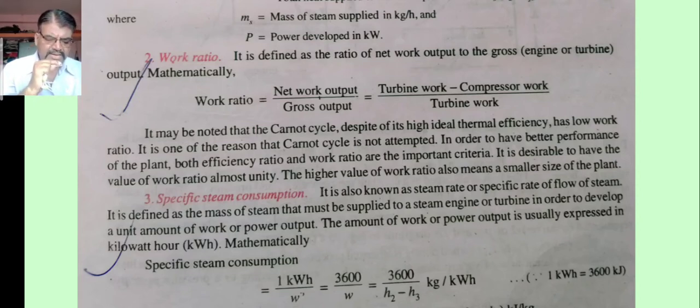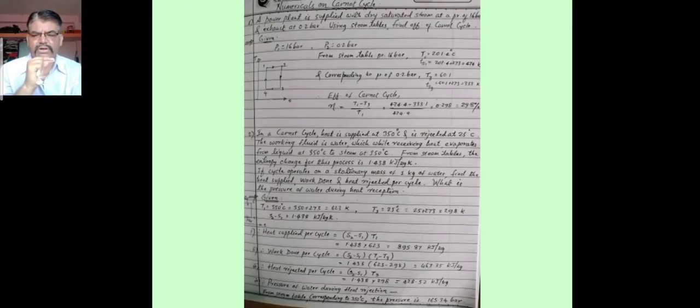So H2 minus H3, that is measured in terms of kg per kilowatt hour, where capital W is what, and small w is net work done or power output, that is given by H2 minus H3, kilojoules per kg. That is the performance criteria of vapor cycle.